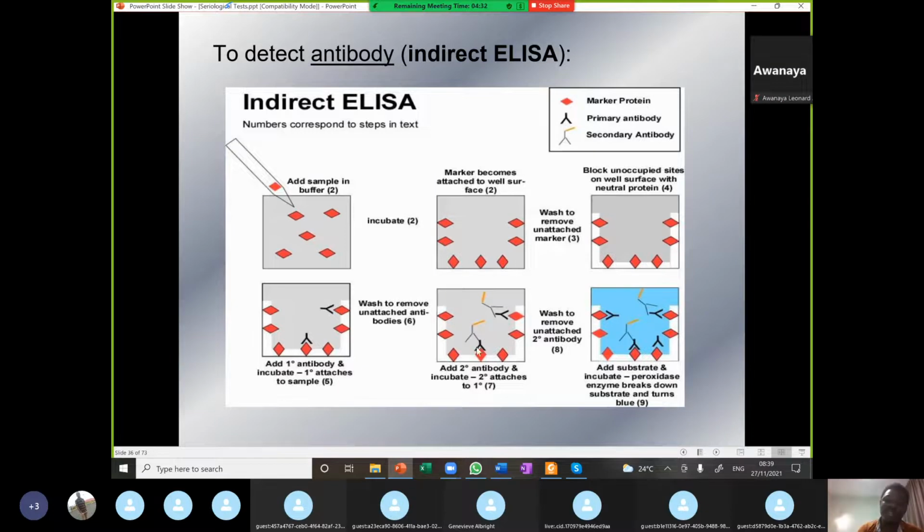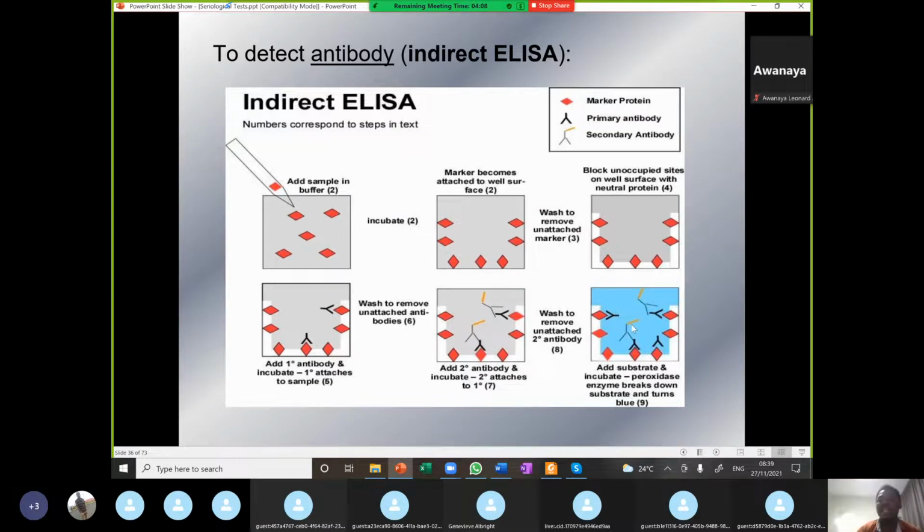This antibody is expected to bind to the bound antibody, to the antigen-antibody complex. After this, we wash again. This washing is to remove any of these antibodies that are not bound to our complex.